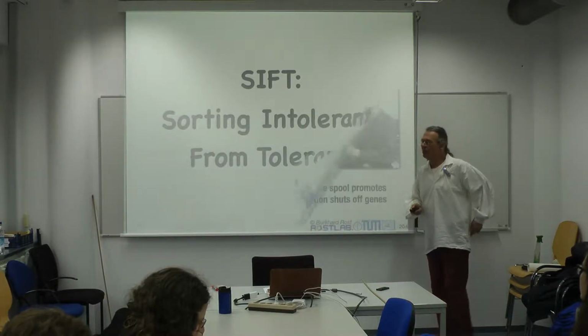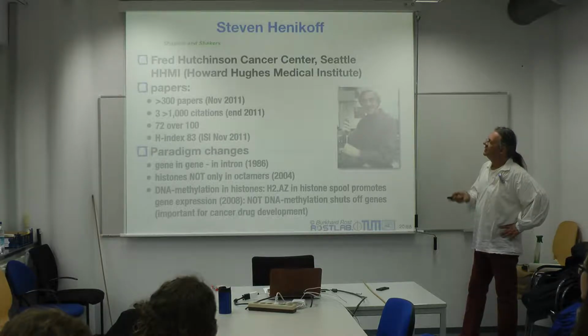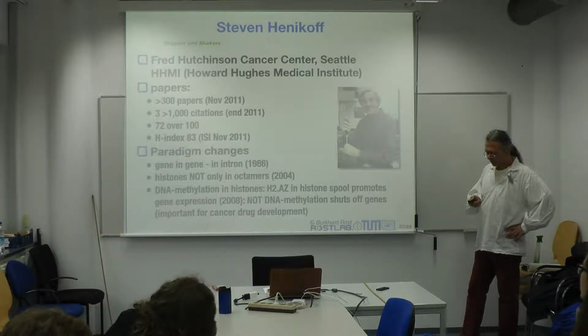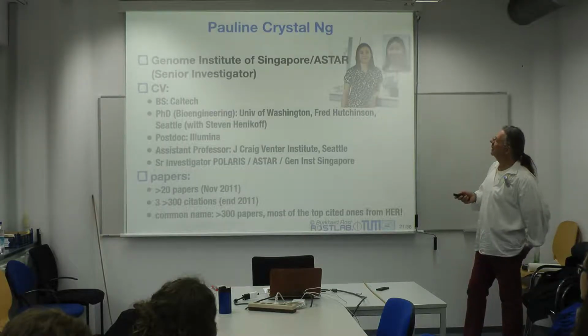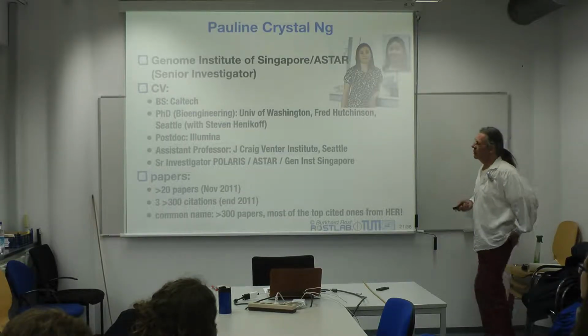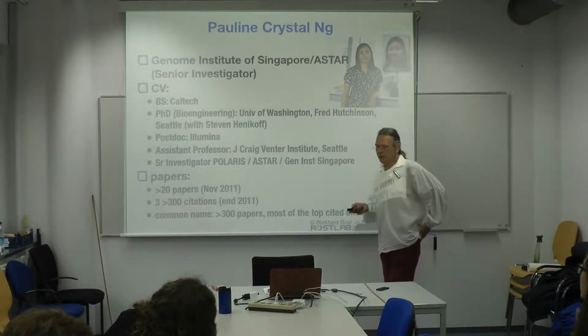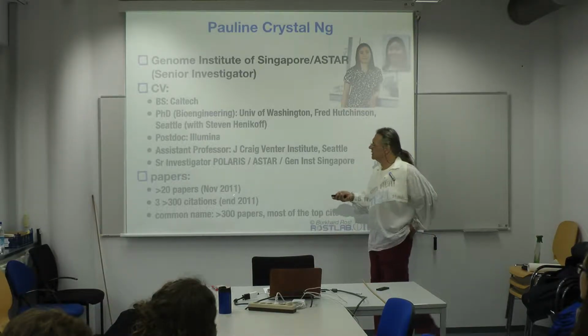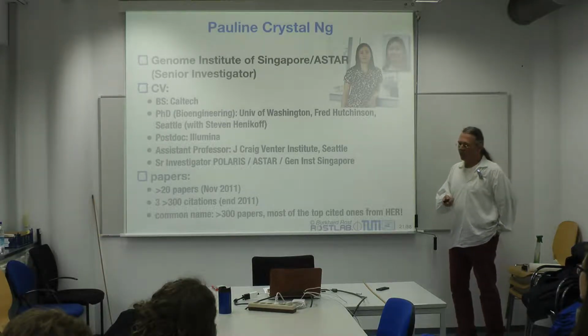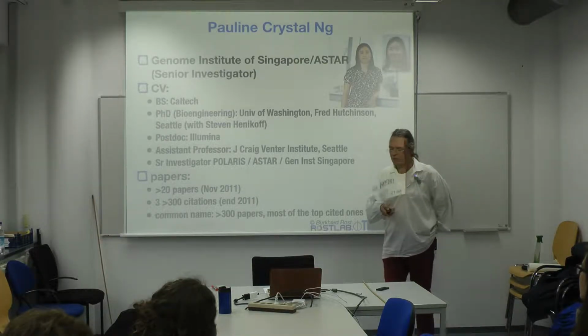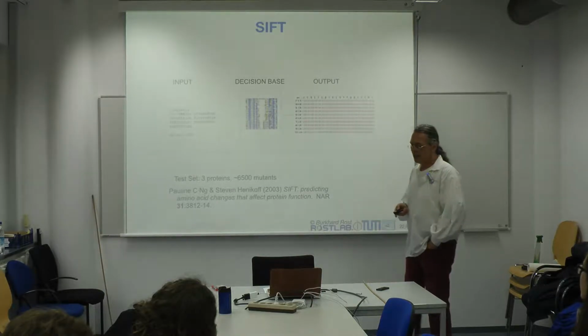Okay, that's the idea. The people behind it are Steven Henikoff, from the BLOSUM matrix, and Pauline Ng, who is now in Singapore, at A*STAR. And again, this is an old slide. Since she's young, old slides make a big difference. But very early on, with this paper and the follow-up paper, she had a big success.